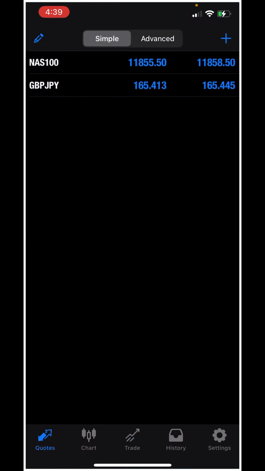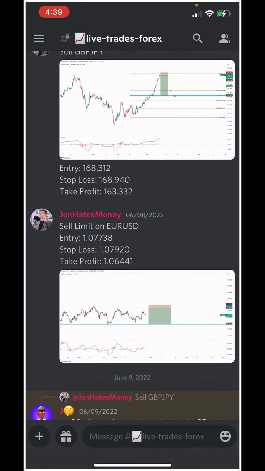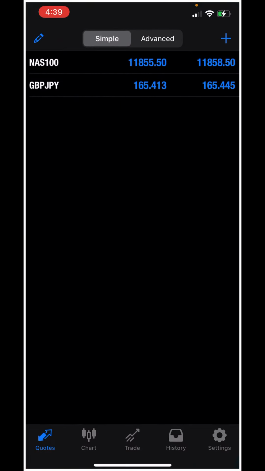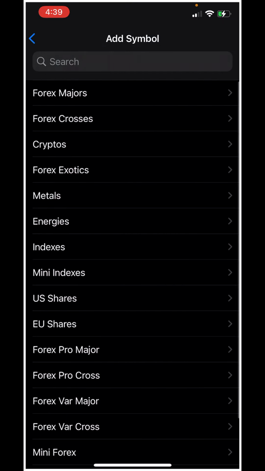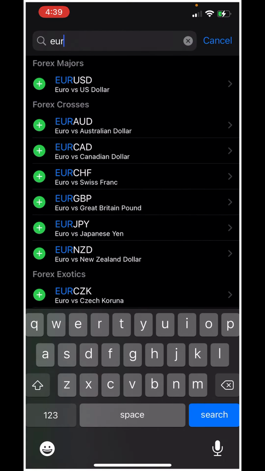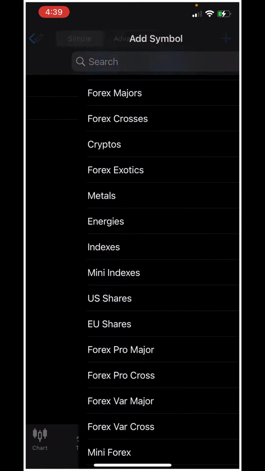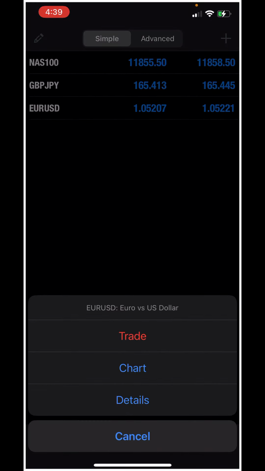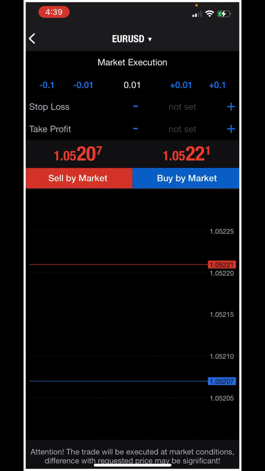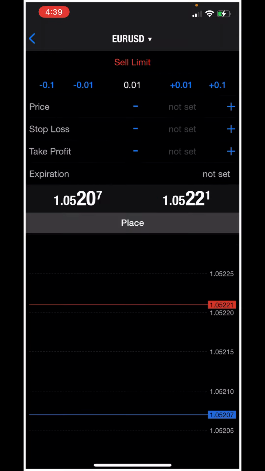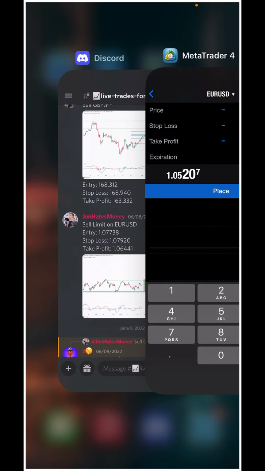Now, if we wanted to take a limit order that was called out, all you'd have to do is come over to here. So we see that this is a sell limit on Euro USD. You'd come over here, you'd click the plus, you'd search EUR USD, hit the plus again, come back, you click on it, hit trade. And then up at the top here where it says market execution, you just click on that and click sell limit. And you just input the values that we sent. So you see the entry is 1.07738.